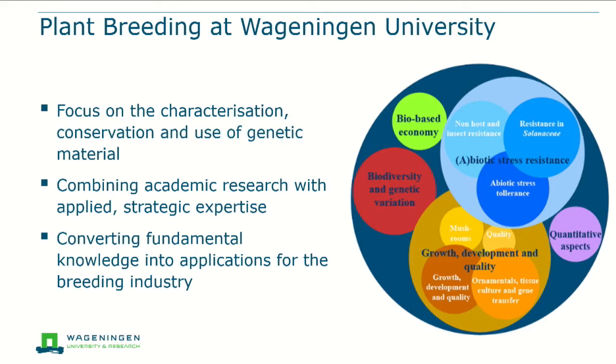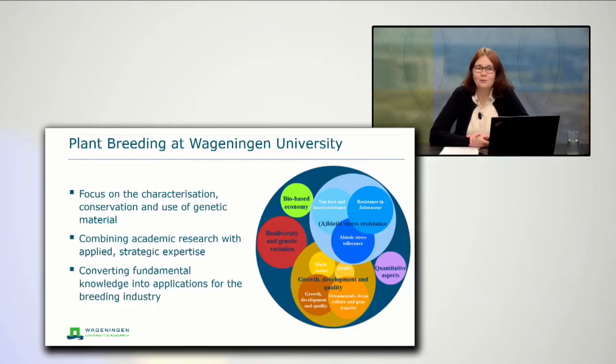So continuing with the plant breeding department. The plant breeding department is one of the largest within Wageningen University, covering fundamental research but also applied research. Novel developments in research are also applied for actual plant breeding purposes. So there's also a close connection with the industry.